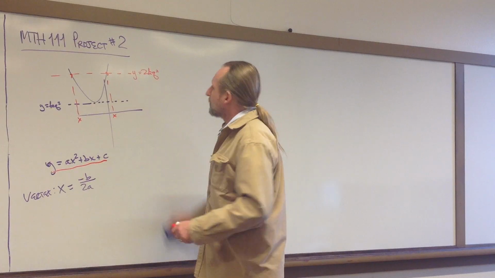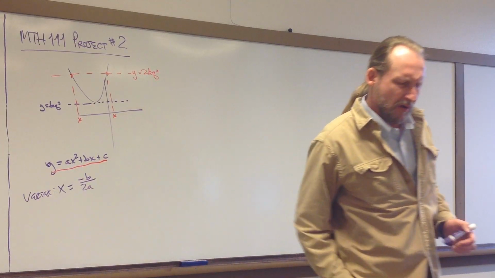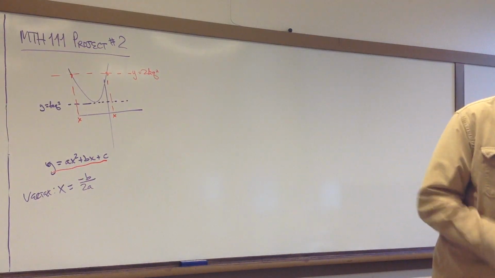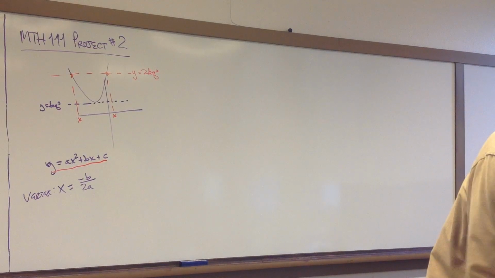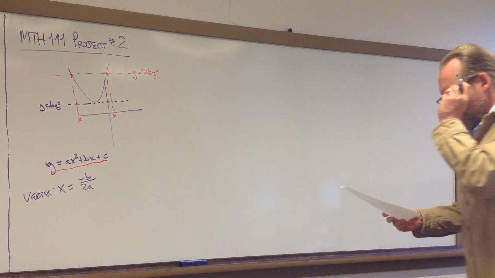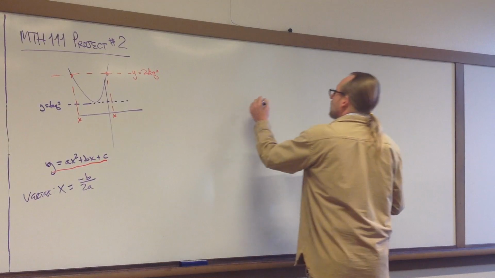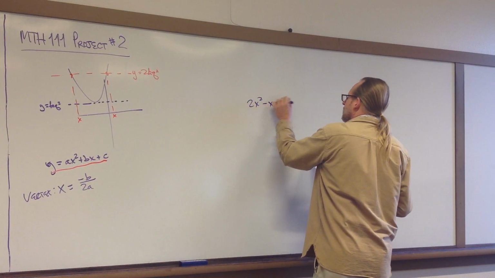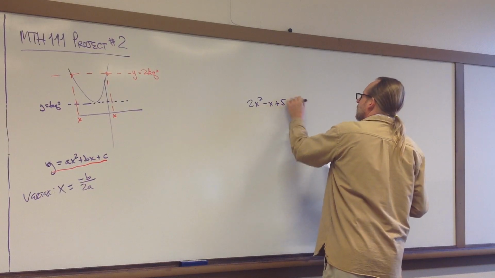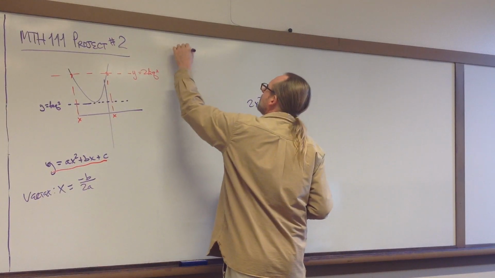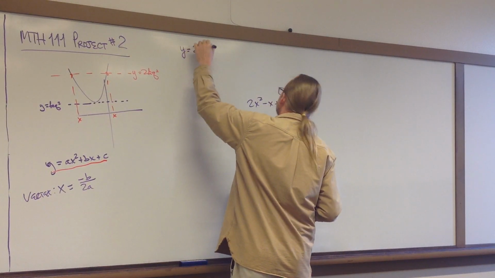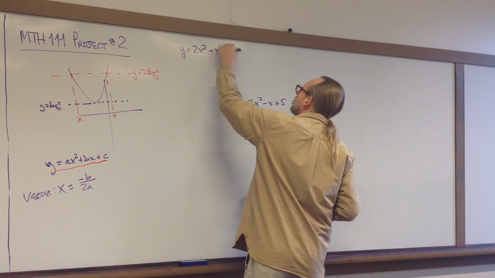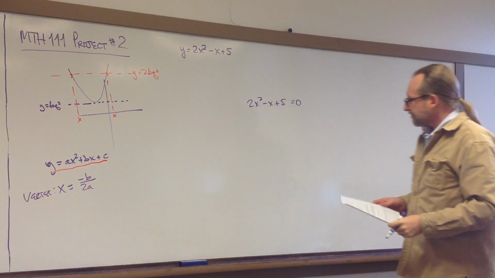Okay, now let's talk about part 2. So here's where we have an actual parabola. In this case, we're working with 2x squared minus x plus 5 equals 0. So like we did when we were doing that solution by graphing here, we're going to graph this.